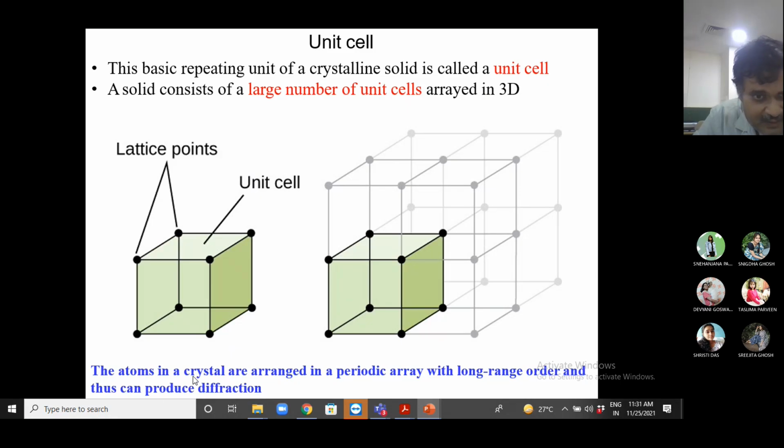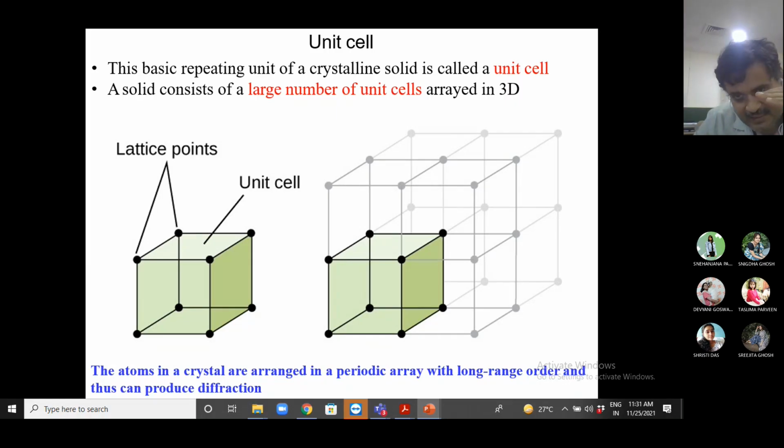The atoms in a crystal are arranged in a periodic array with long range order and can perform diffraction. So, this atomic arrangement in a crystal is actually a repetition of this unit cell along the x, y and z directions.